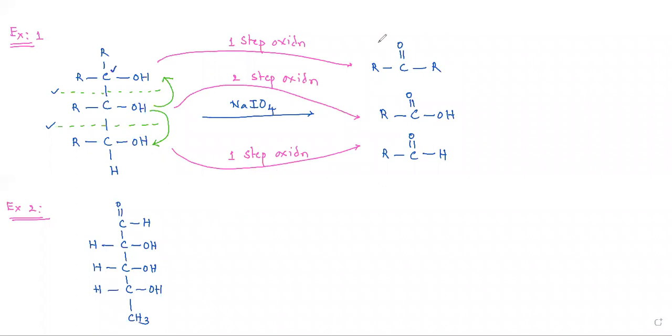Look at this. I told you that as long as you have the carbonyl group, I mean the aldehyde or ketone, in this case it is aldehyde. You have aldehyde and hydroxy. So it undergoes cleavage. Even here also it is possible. Even here also it is possible.